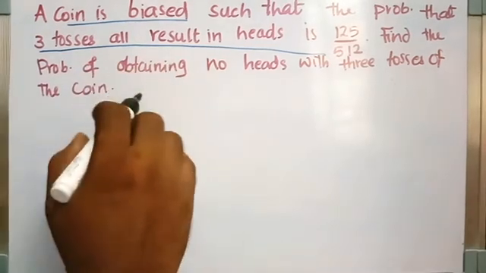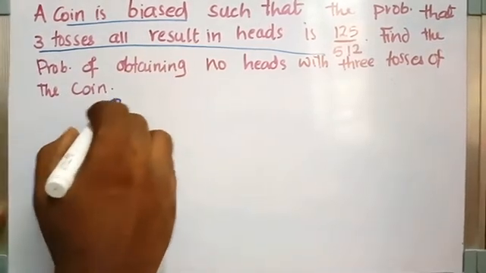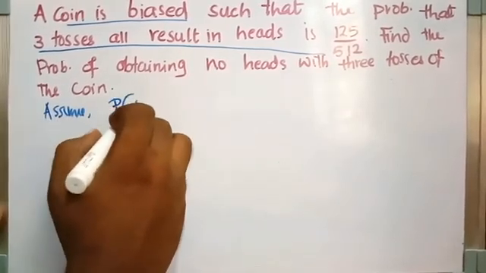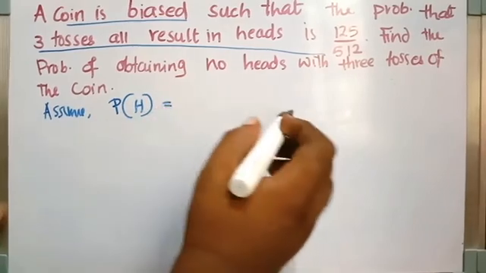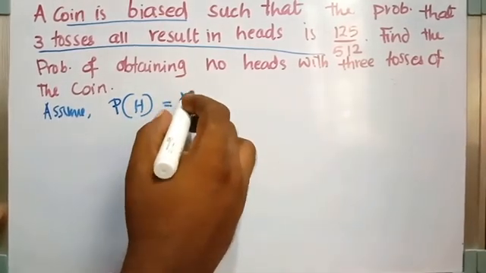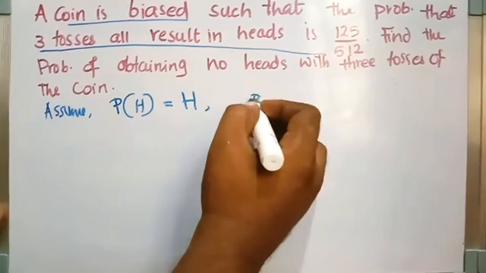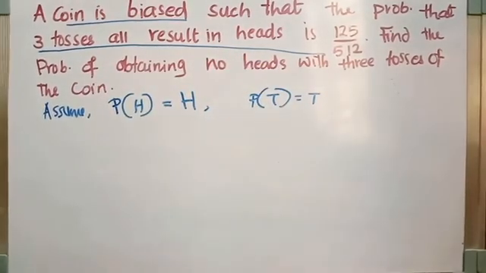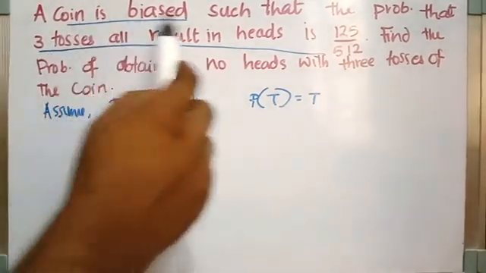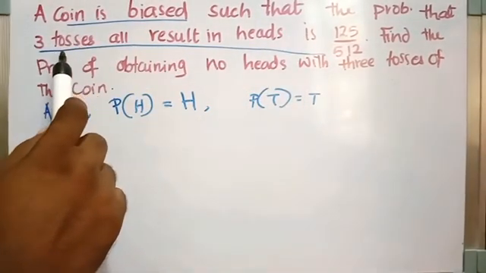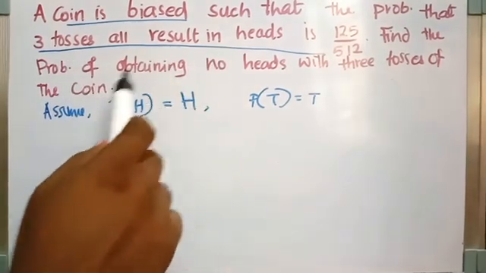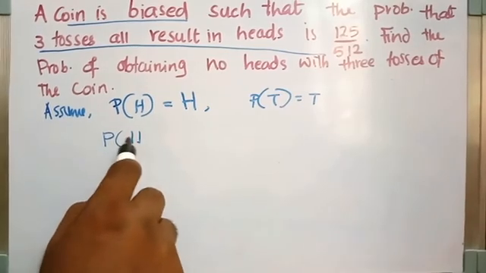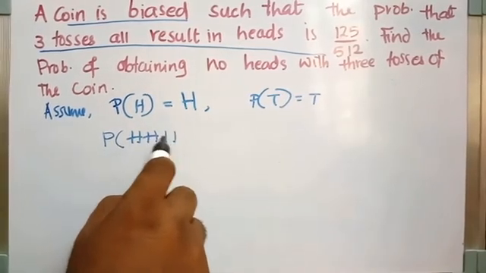To avoid writing heads and tails always, let's assume probability of heads as H and probability of tail as T. As per the result, we have the probability that all three tosses result in heads, that means probability of head and head and head.